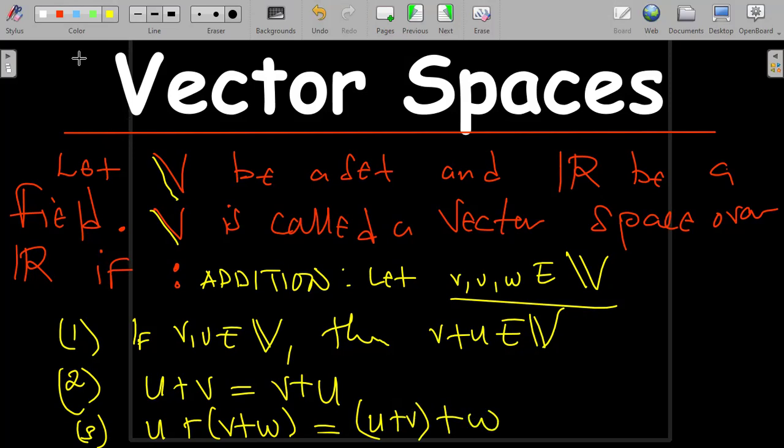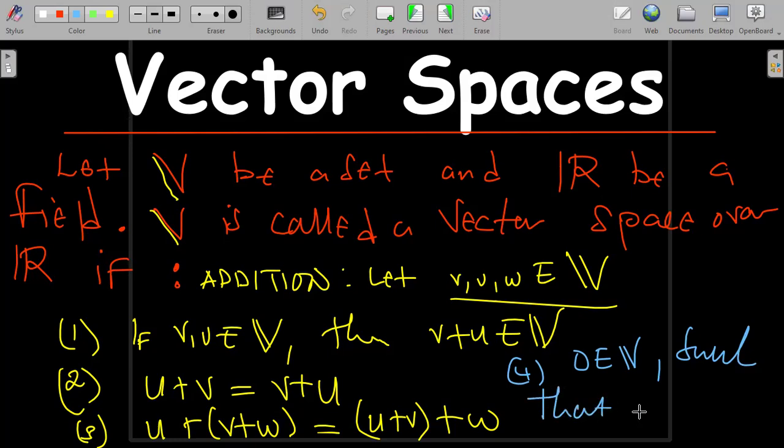So we are remaining with 2 under addition. The fourth one is that there exists an element which we call the 0 element or the 0 vector in this set such that U plus the 0 vector is equal to U, or 0 plus the U vector is equal to U. This 0 here is a vector, it's not a number.